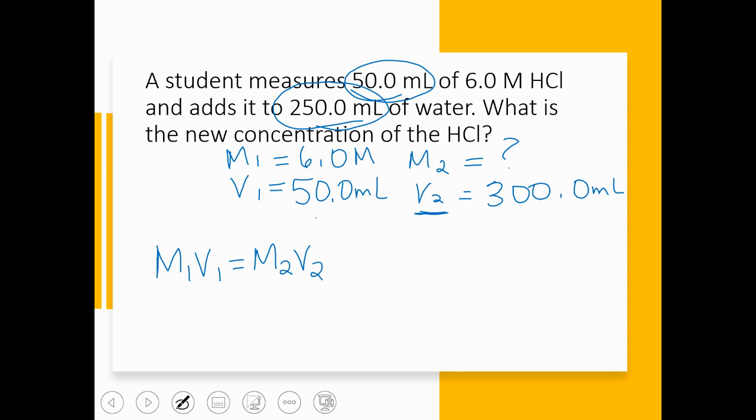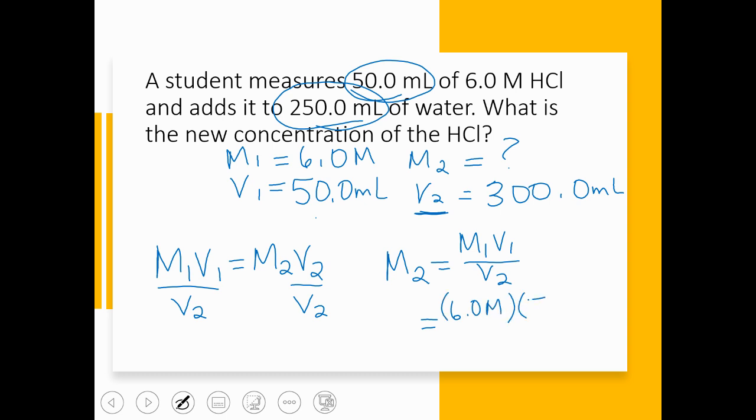If I'm trying to solve for M2, I have to divide both sides by V2. So M2 is going to be equal to M1 V1 over V2. So plug it in: M1 is 6.0, V1 is 50, V2 on the bottom is 300.